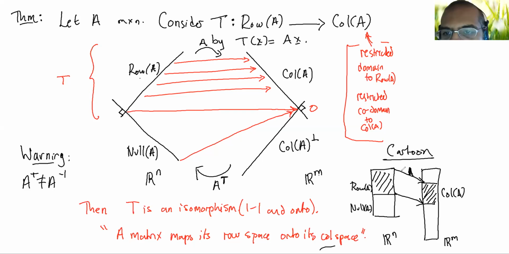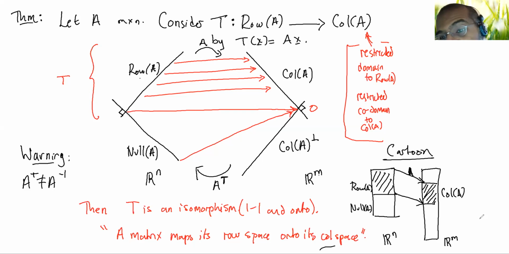Is it important to know what the standard matrix would look like for this transformation? So the first question was, what's the standard matrix? Well, you can't really talk about a standard matrix, because to find a matrix for T, you need a basis for its domain, which is a basis for the row space.